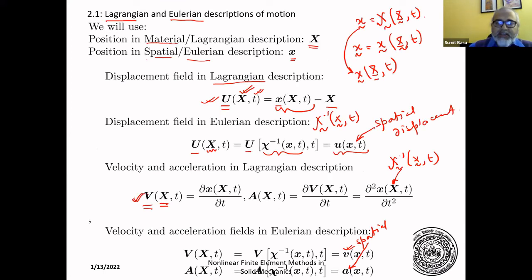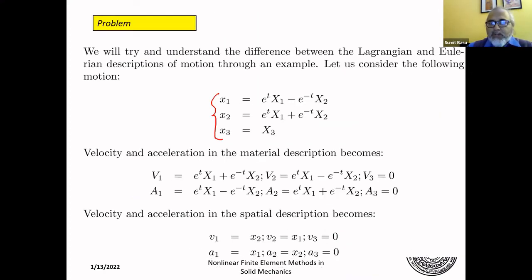The velocity in the material description is the derivative of the motion with respect to time. So to get capital V1, I will do del x1 del t. So x1 is already a function of capital X and time. I take just the derivative of this with respect to time, and I will get e^t capital X1, and there's a minus here, so plus e to the power minus t capital X2.